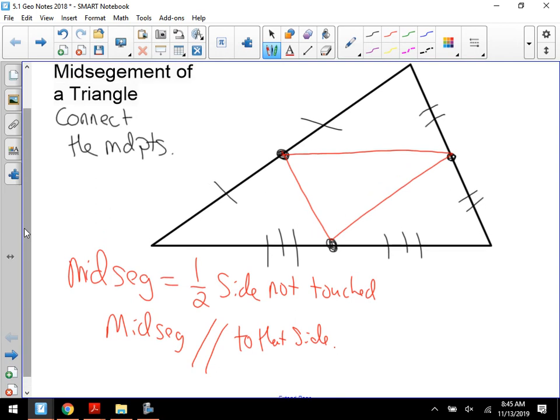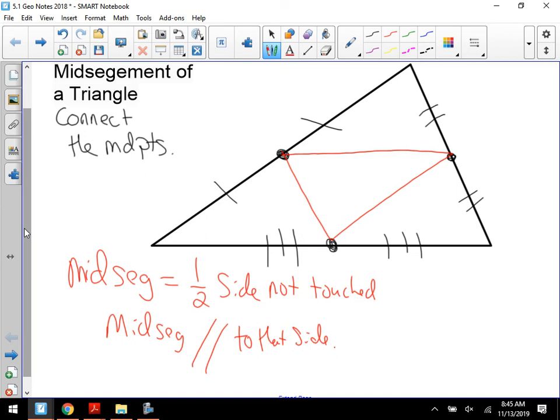So the mid-segment is always going to be equal to half the side it doesn't touch, and it's also parallel to that side. As you get into these things, you're going to see how unbelievably easy this becomes.